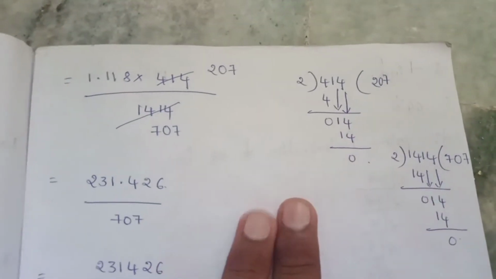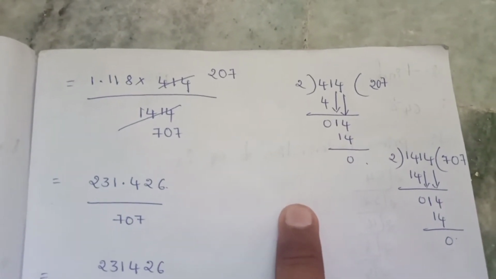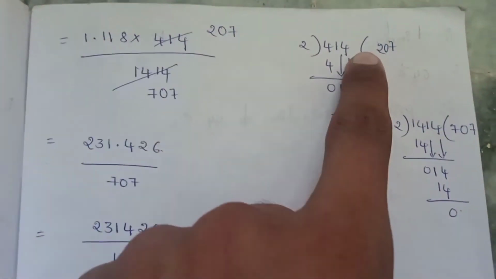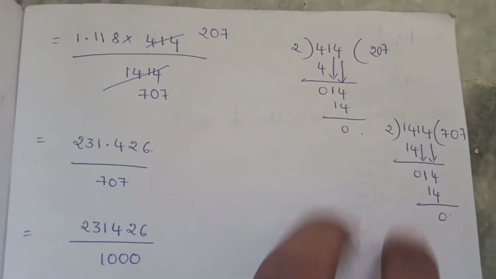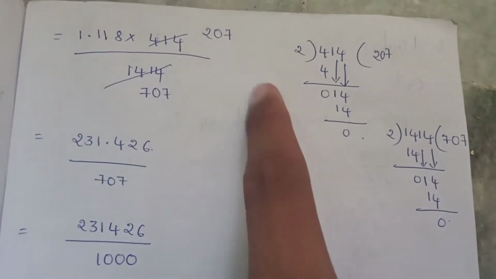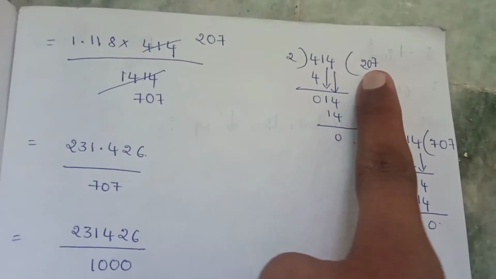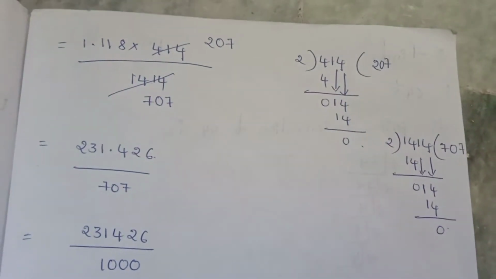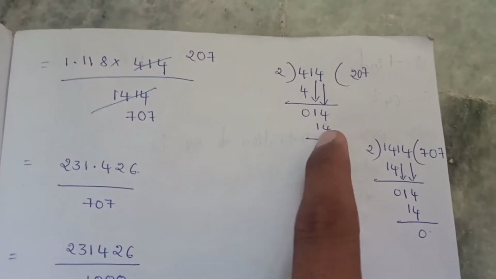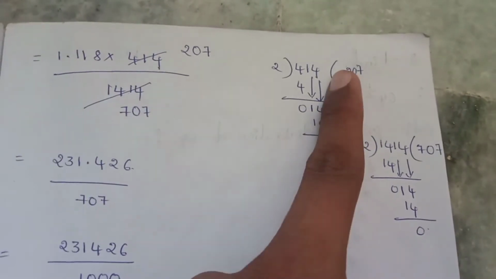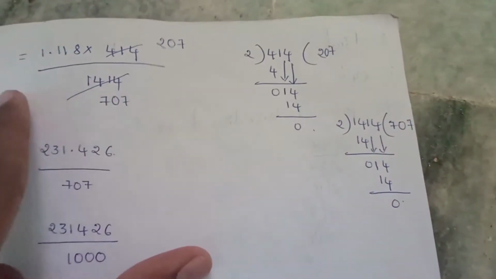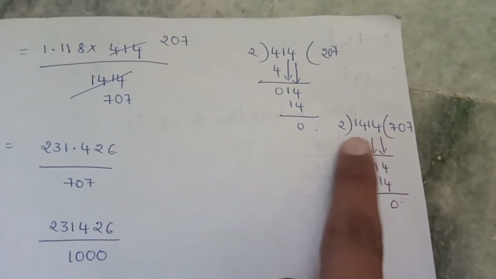If in the middle we take 2 digits, in the quotient we have to take 0. 14: 2 sevens are 14, 14 minus 14 is 0. So 207. 2 into 207 is 414.